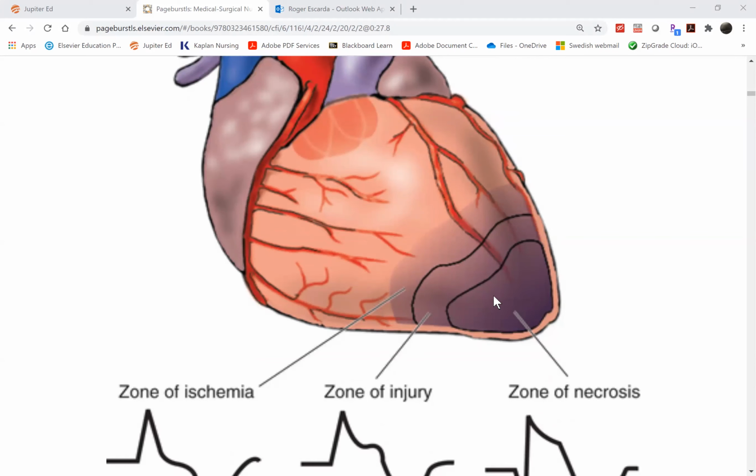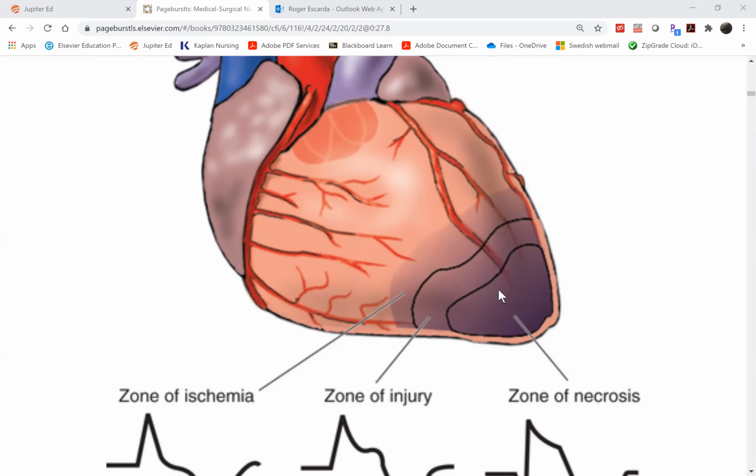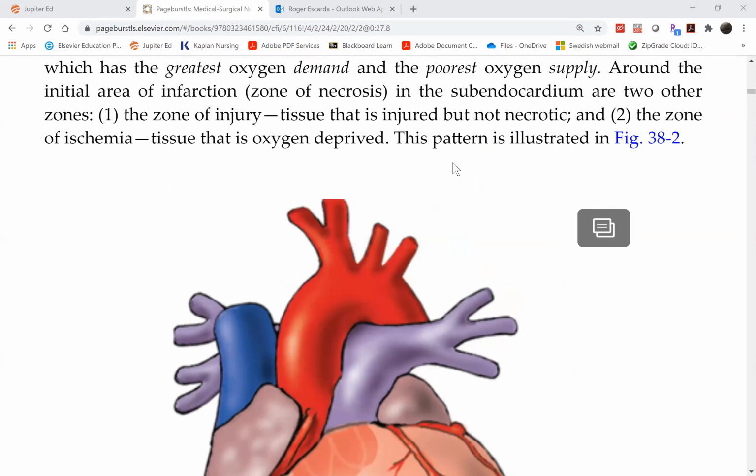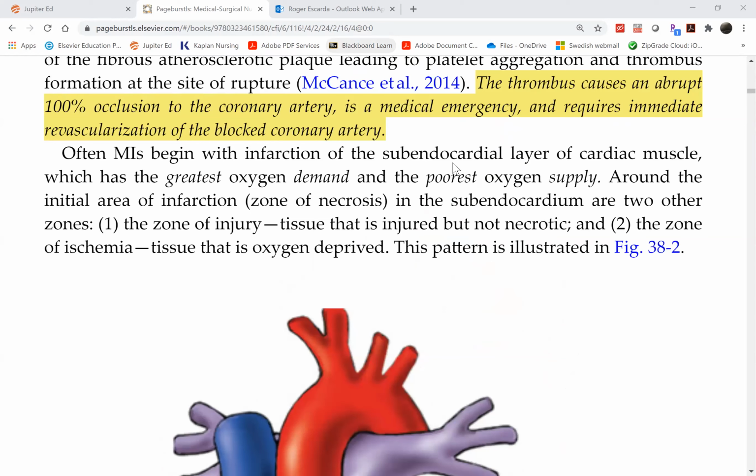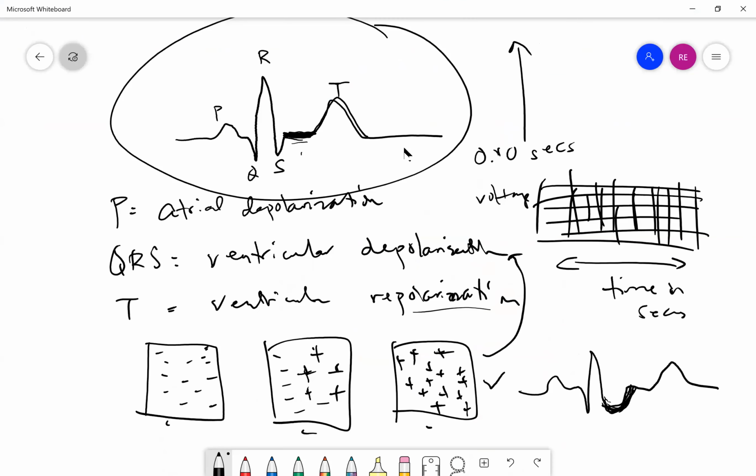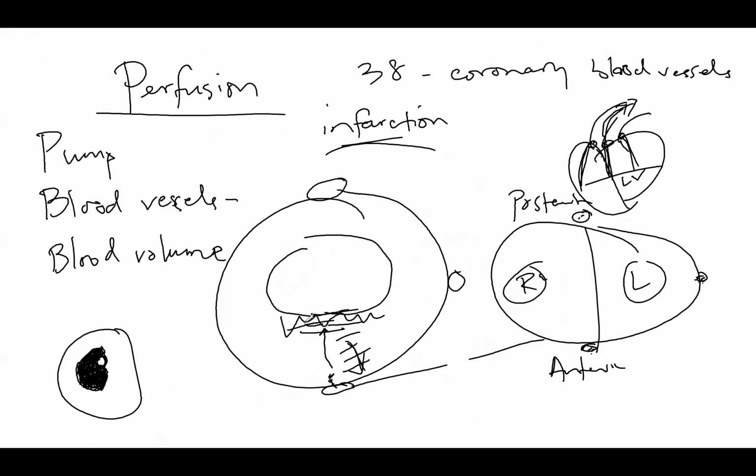They always start in the subendocardial layer, by the way, meaning this part right here. So this is your subendocardial layer. So it's not going to be on the actual endocardium, but the subendocardial layer here. So this is the part that actually suffers the necrosis, if we're talking about layers of the heart.